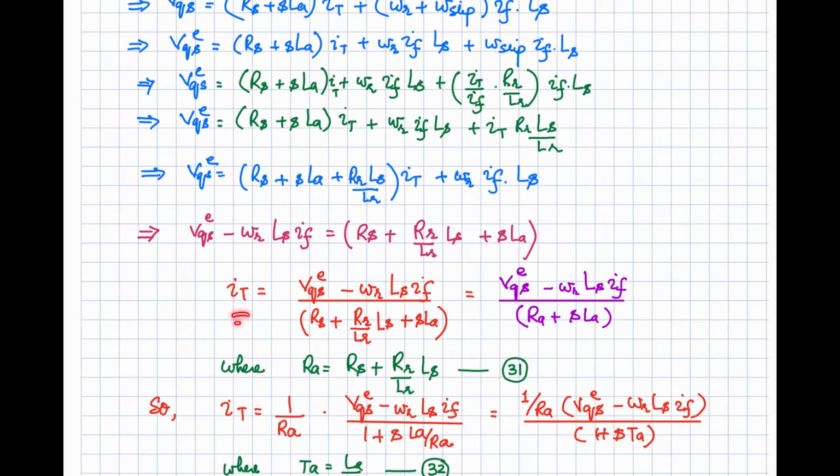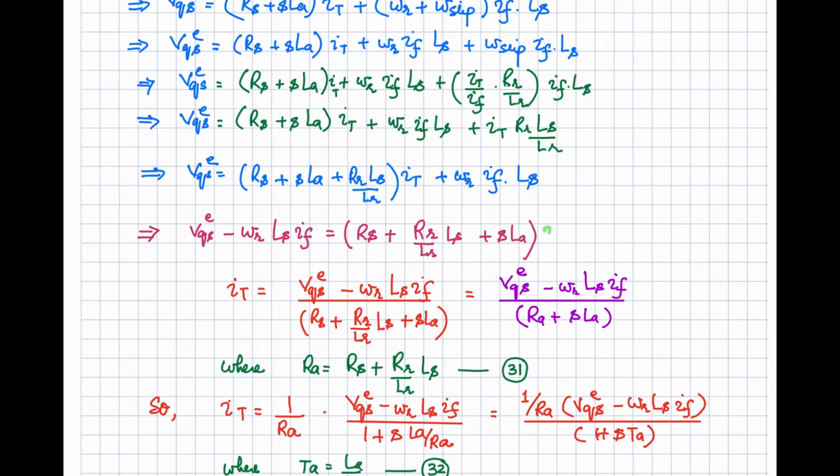So it will be equal to vqs minus omega r Ls into If divided by Rs plus Rr by Lr into s plus sLa. So basically this is this part.